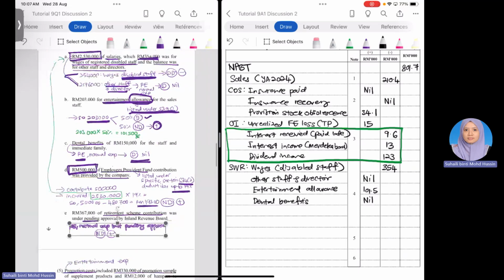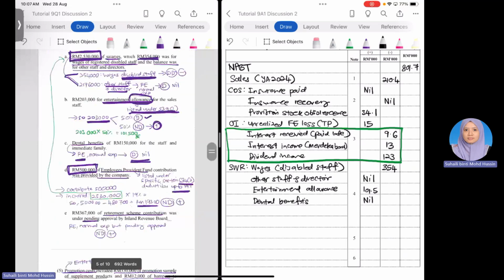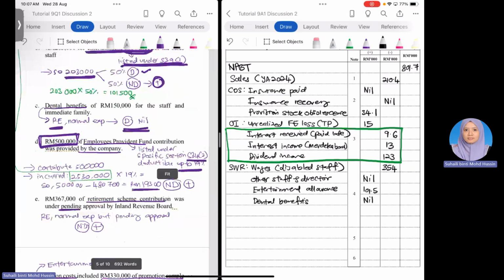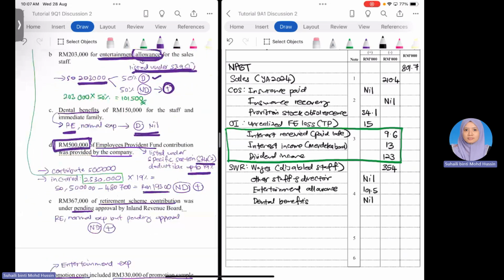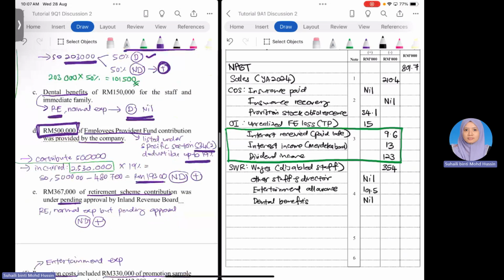Okay, we know the total of the salary that the company paid in 4A, 2.53 million ringgit. We already know the amount of salary that the company paid for their staff and director, 2.53 million ringgit. So we times 19% to know the limit of the contribution.